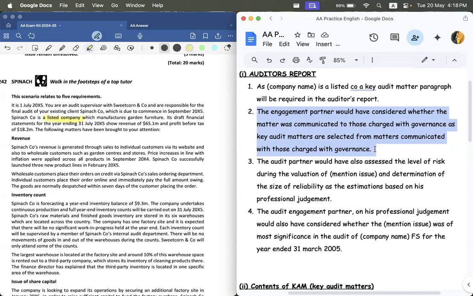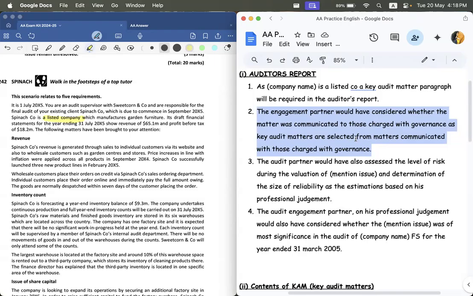See, don't let the sentence confuse you. It is just saying that if the engagement partner has considered something as a CAM, in order for him to do that, he's going to look whether these communications have been done to those charged with governance.